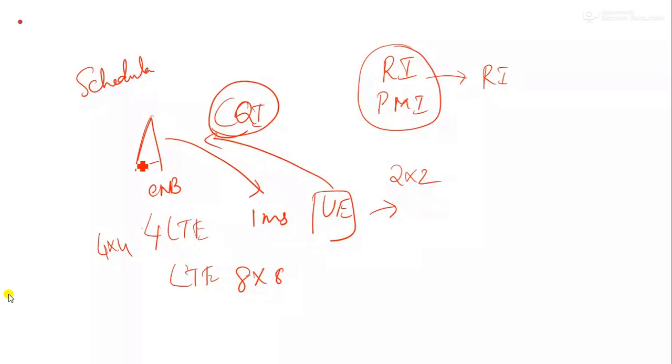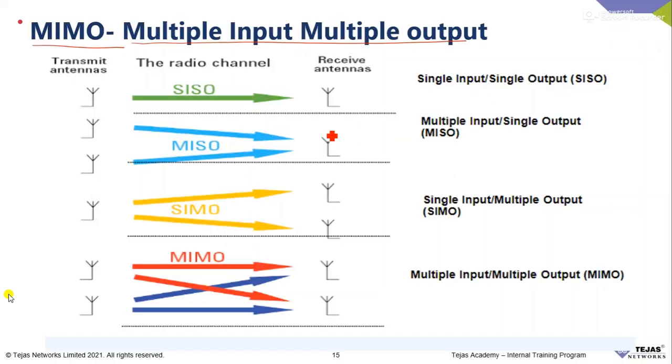Now, earlier we had only a single antenna at the transmitter and a single antenna at the receiver. So this is the UE side, this is the eNode B side. If there is a single antenna at the transmitter and a single antenna at the receiver, this is called SISO, single input, single output. Okay.